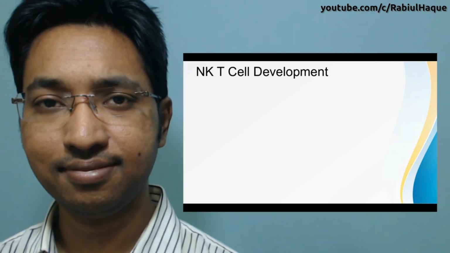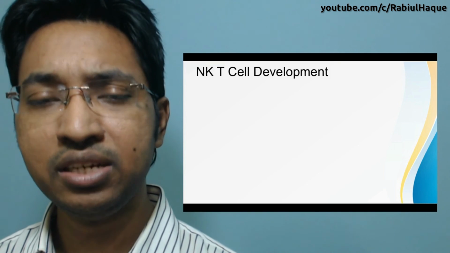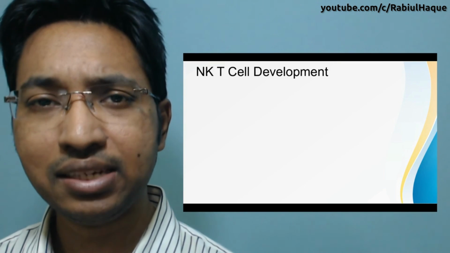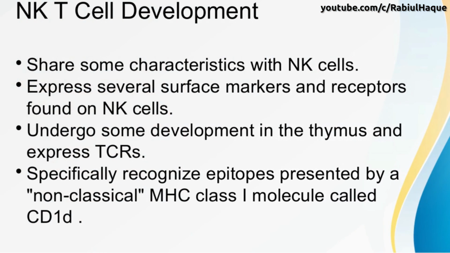The last topic that we will talk about briefly today is regarding the NK T cells, or natural killer T cells. Now always remember, natural killer T cells share some characteristics with natural killer cells. They express several surface markers and receptors that are found on natural killer cells.